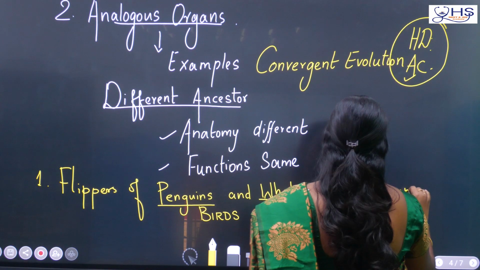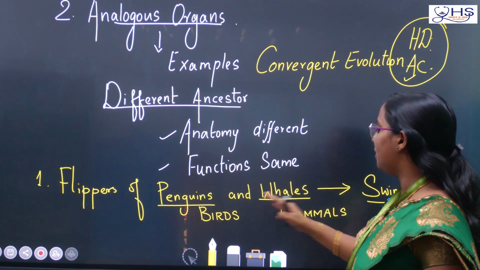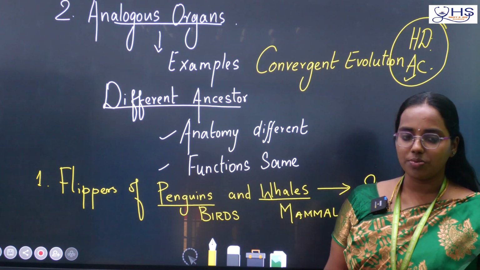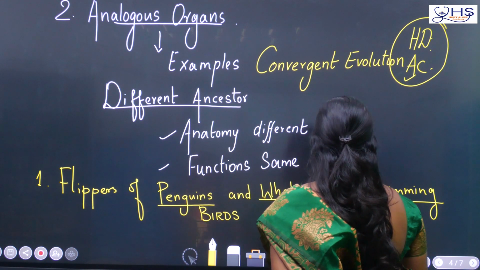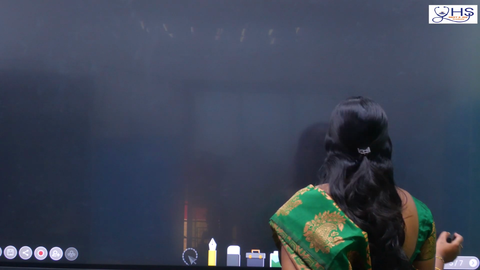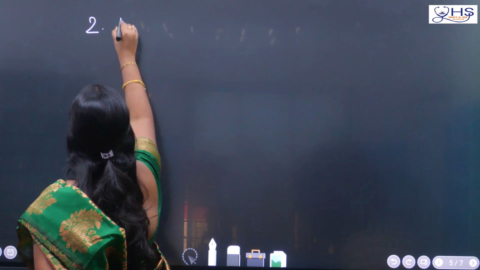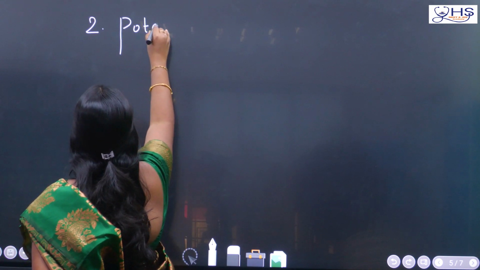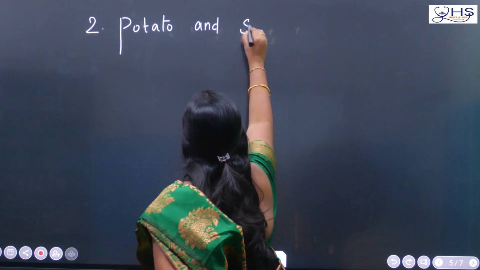So the function is the same, but the anatomy of the bird and the mammal is obviously different. So this is the first example, flippers of penguins and whales. Then the second example is potato and sweet potato.